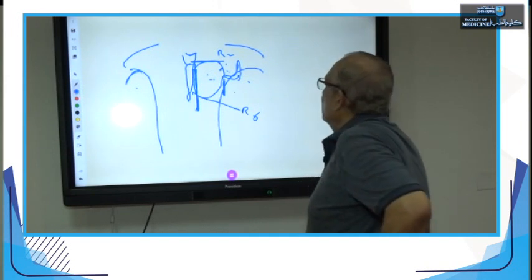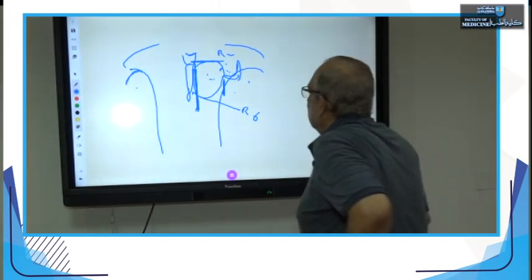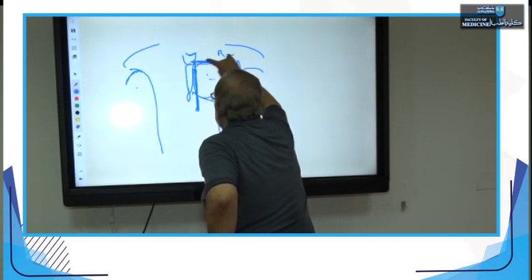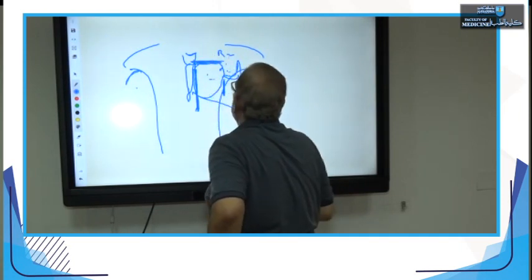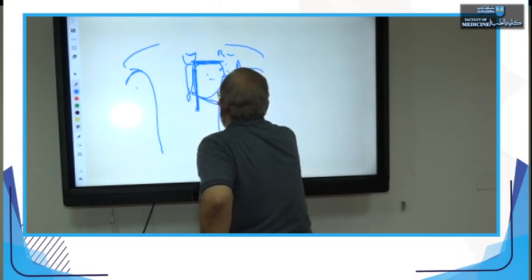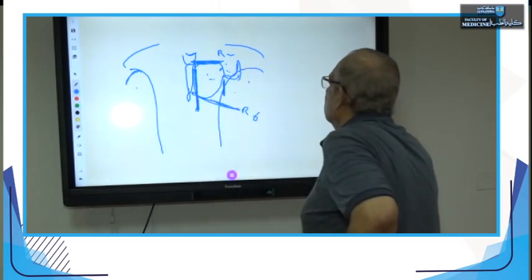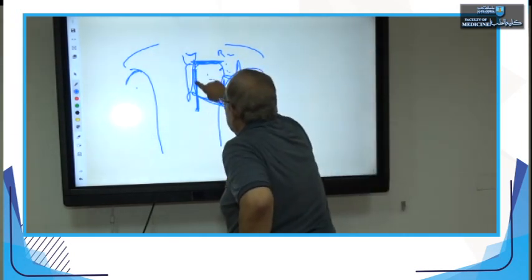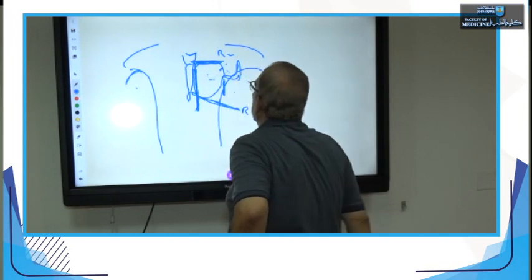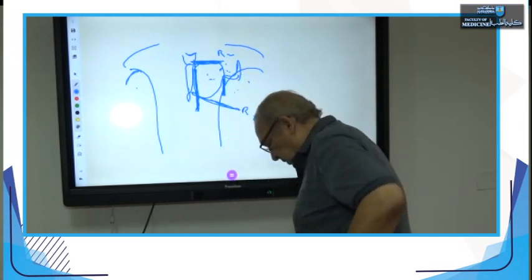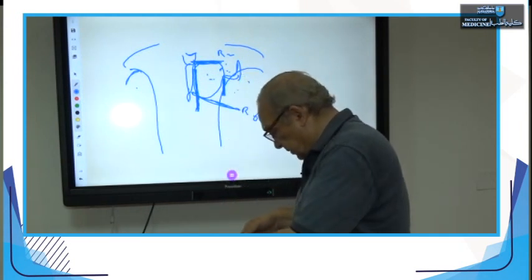So, when we ask what are the limits of the base of the breast, we say it has an upper limit, which is the second rib. It has a lower limit, which is the sixth rib. And medially, it is limited by the lateral sternal border, and laterally, it goes into the axilla till the mid-axillary line.